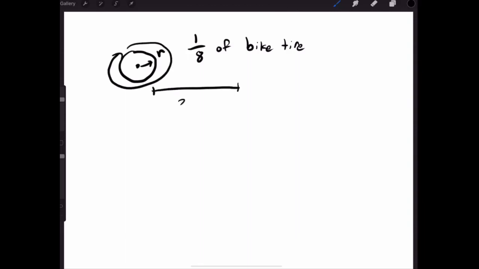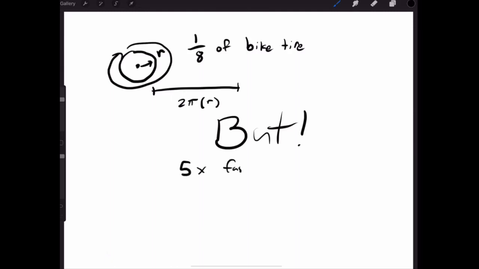And as we can see, when this rotates just once, the distance the whole thing travels is 2 pi r. But it goes 5 times as fast because we know it's 5n rotations every second rather than just n rotations per second. So it's spinning 5 times as fast as our bike tire.